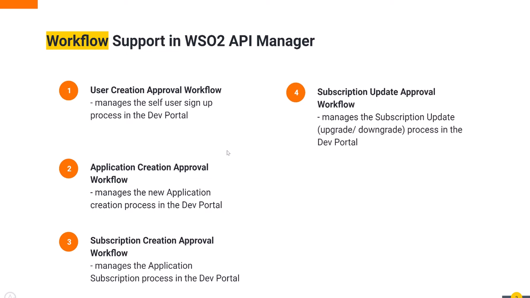Subscription update approval workflow. Subscription update is a new feature introduced in API Manager 3.2. This allows us to upgrade or downgrade the subscription tier after subscribing to an API. By default, it doesn't have any approval process.